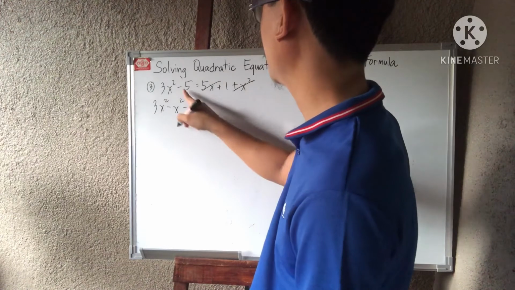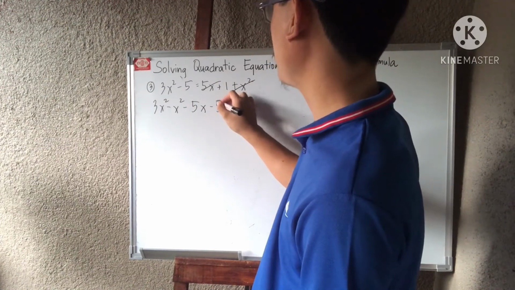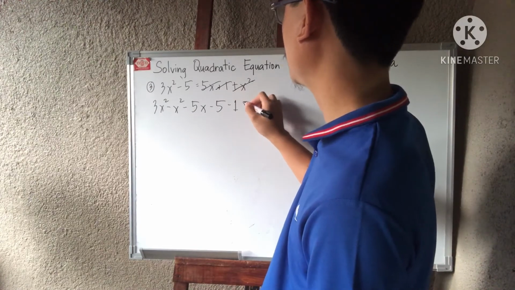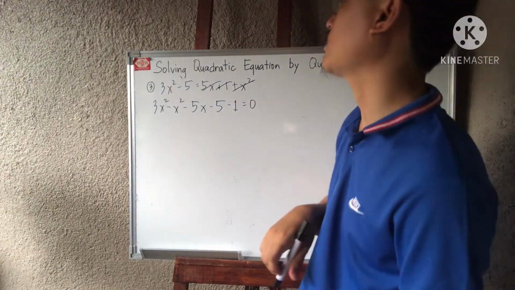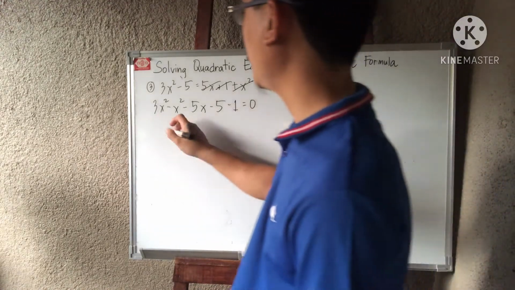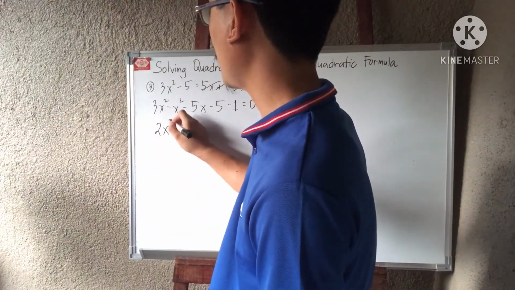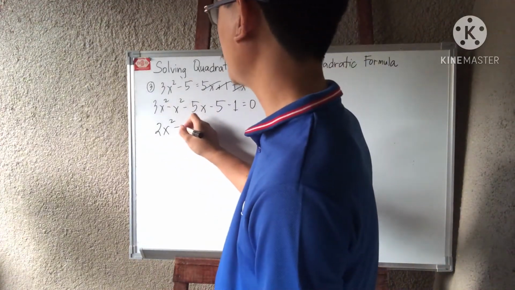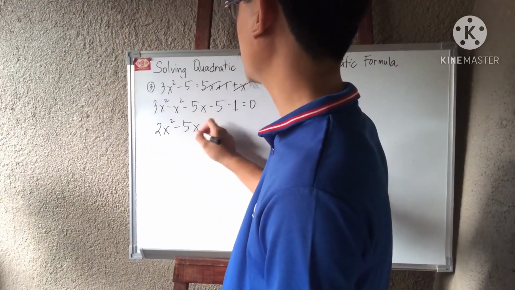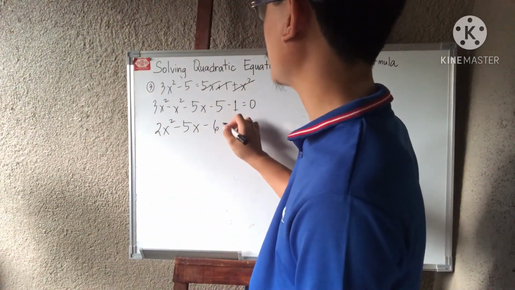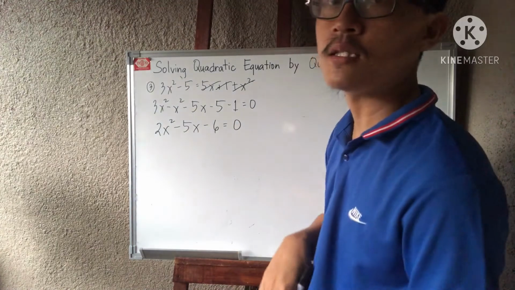Minus 5, positive 1, so magiging minus 1 equals 0. And combine all like terms. So, you have 3x squared minus x squared, that is 2x squared. Wala namang partner yung negative 5, so negative 5x. Negative 5 minus 1 is negative 6 equals 0.